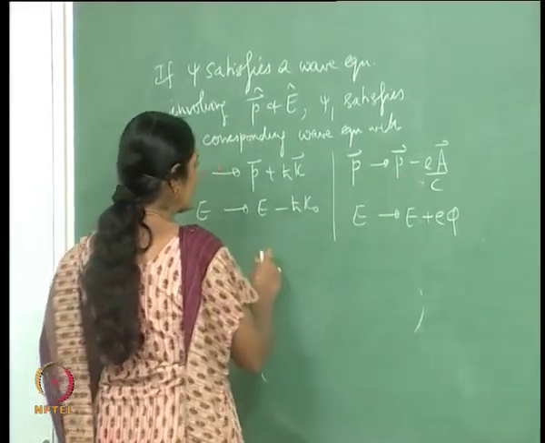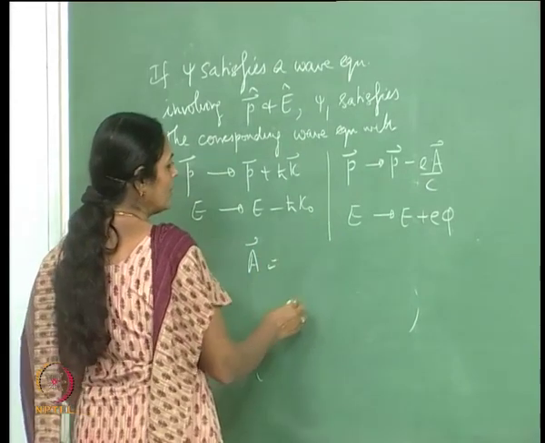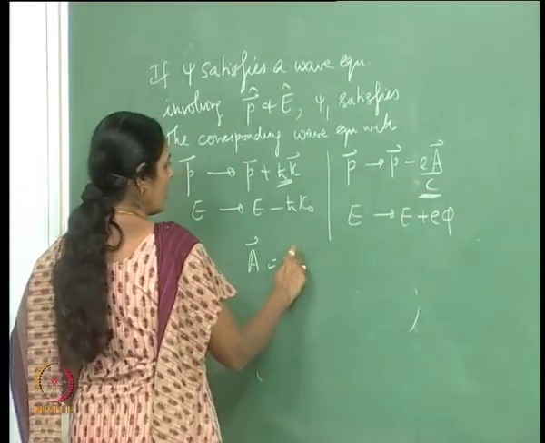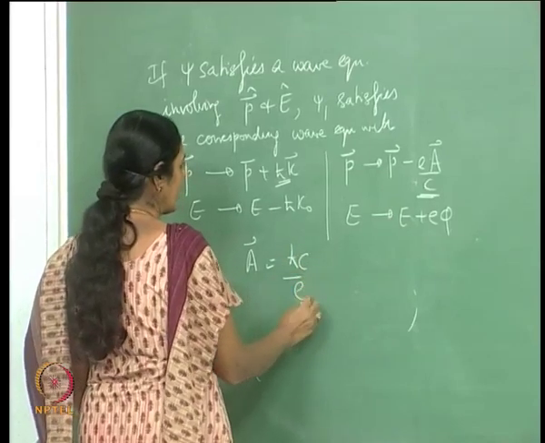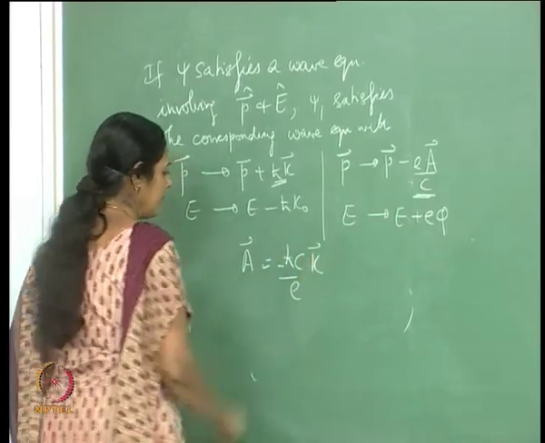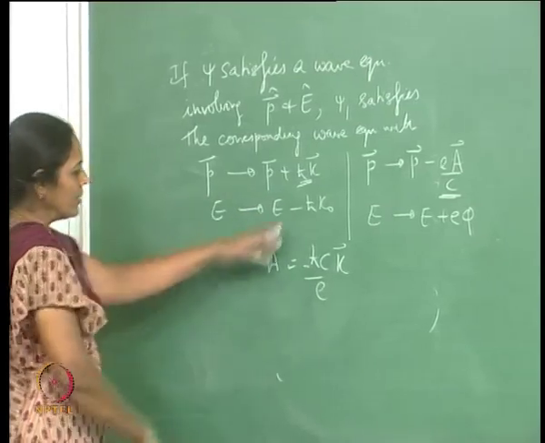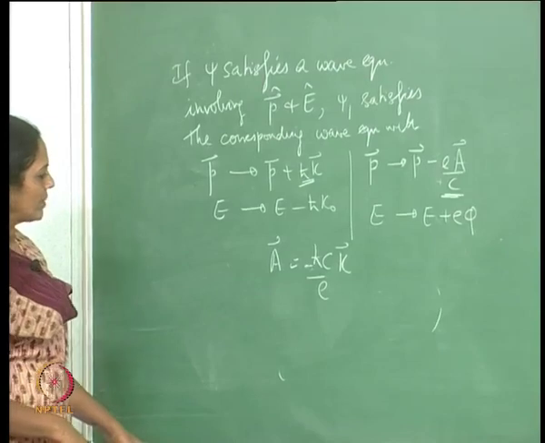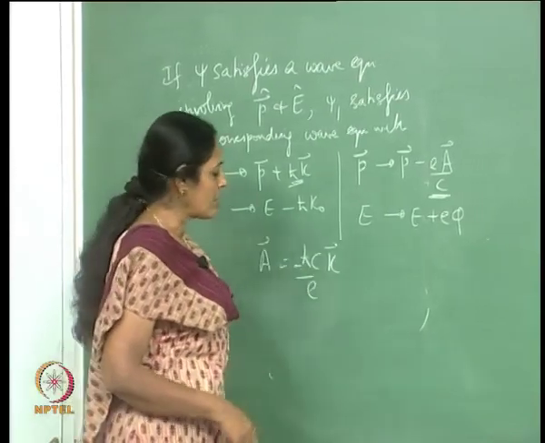Now by sheer identification, I know that A can be written as h cross c by e k. Similarly, phi can be written in terms of k naught, but this is of relevance to me right now. So A is minus h cross c by e k.